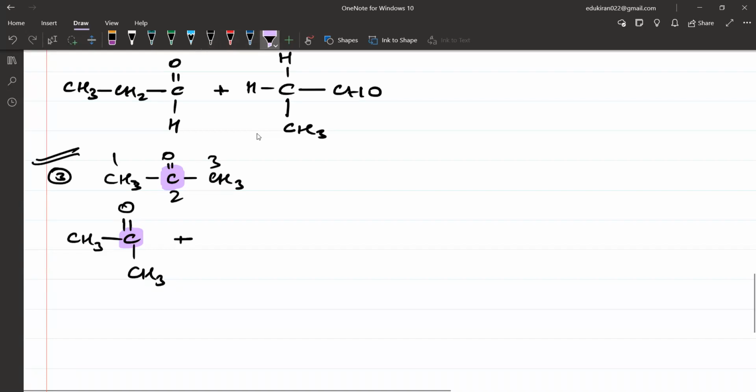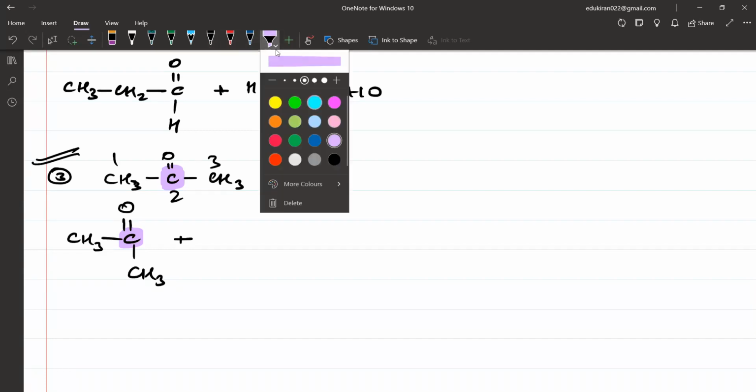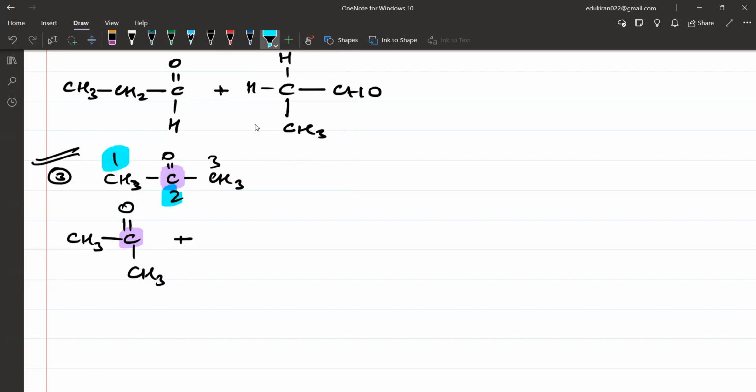I have numbered it. Please look at the 2. 1, 2, or 3. Tell me which one. Which carbon, Hanifa? I know alpha carbon is the answer, but which carbon is the alpha carbon? 1, 2, or 3, Hanifa?